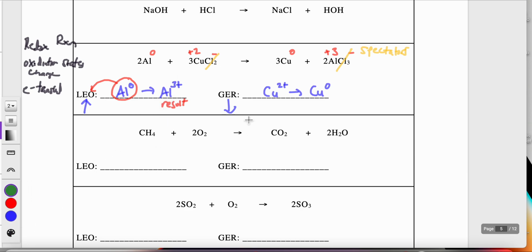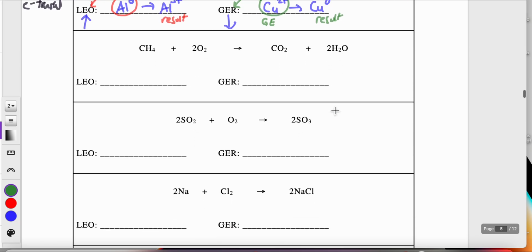And when I take a look at the reduction process, the Cu +2 is actually what is reduced. This is the structure that actually gains the electrons. So this guy gains the electrons, and when it gains the electrons, this is what it forms. So this is the result of gaining the electrons.